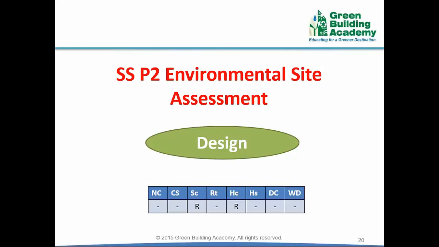So for schools and healthcare projects, we know that schools are for children and healthcare is for people who are already having some problems, like they are patients. So these are vulnerable populations basically, who can easily catch more allergies or have more problems with their health. So for these kinds of projects, LEED has made it a prerequisite to conduct ESA, even if you don't think it's a brownfield site.